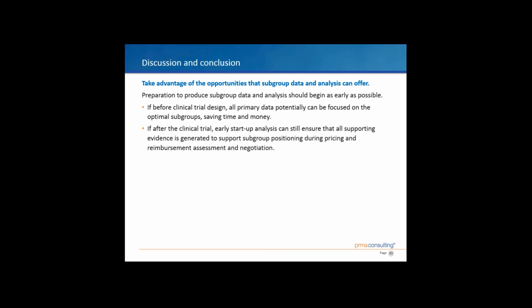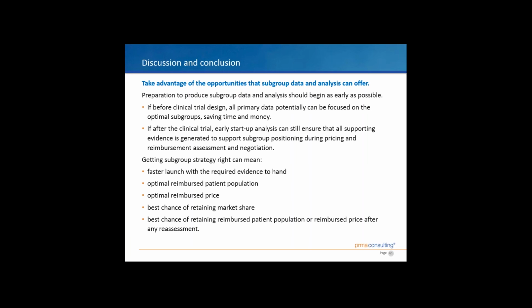And this just breaks out the 2 points that I've made. If it's in time to affect clinical trial design, all of the data can support the strategy. Even if that opportunity is passed, there is still at least as great an opportunity with the remaining evidence generation. And it's important to recognize that and not miss that opportunity.